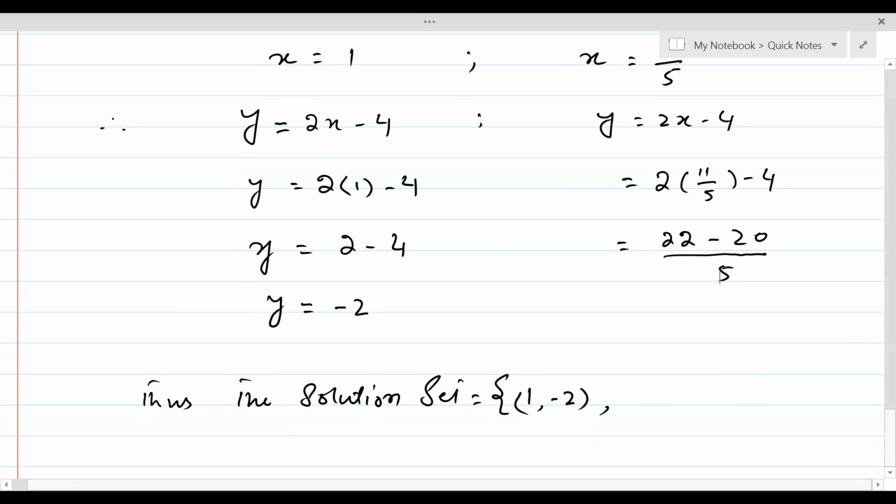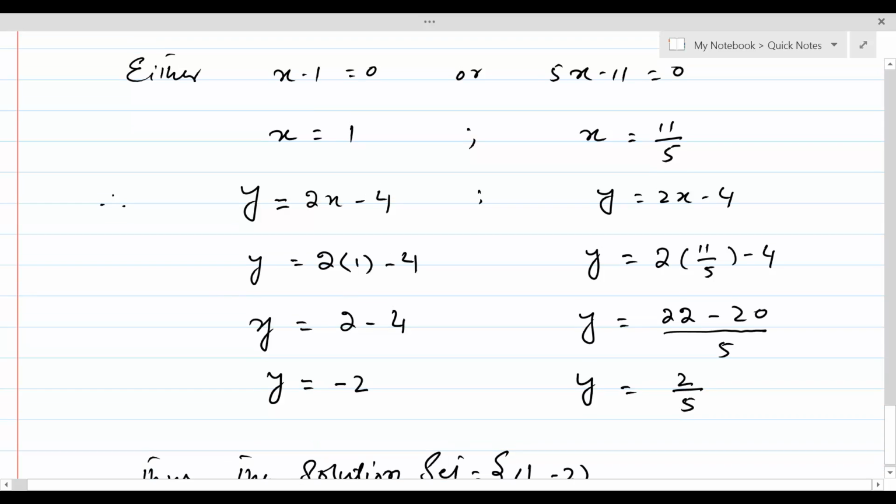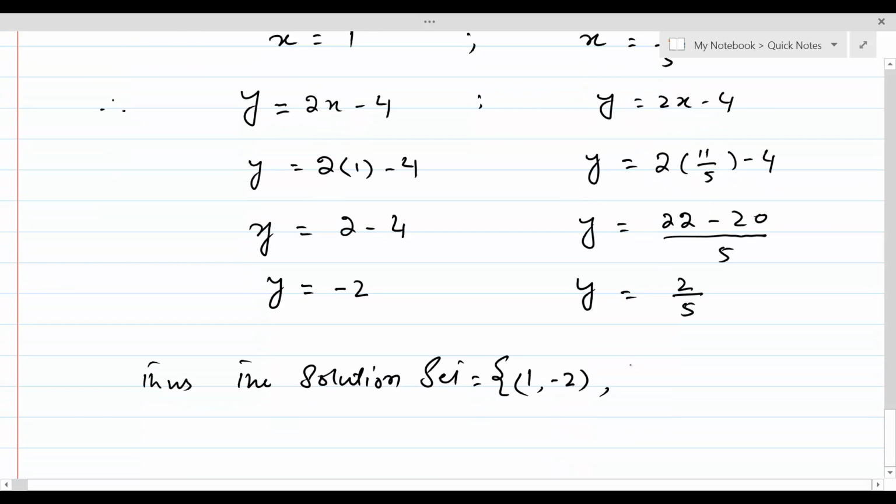This is equal to 2 over 5. So when x was equal to 11 over 5, y is equal to 2 over 5. So these are the two required points of intersection of a straight line and a quadratic equation when they intersect each other in 2 points.